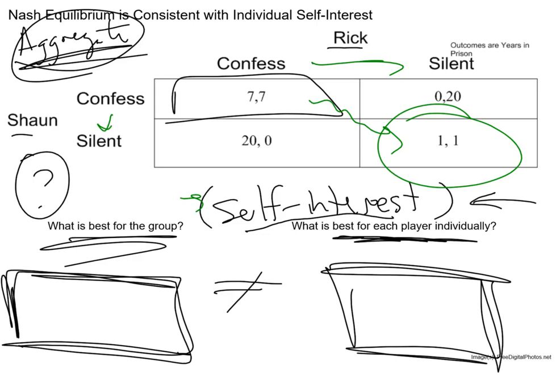But as an individual, does Rick want to change from confess to silent? If he does that, he knows Sean's not going to follow him, and he'll end up with more years in prison. There's this tension inherent in the prisoner's dilemma between what's best for an individual and what's best for the group.